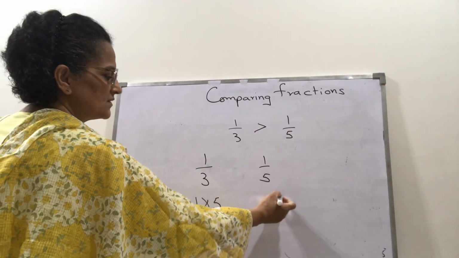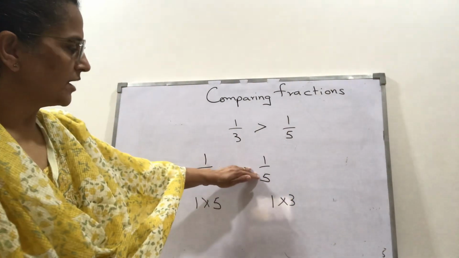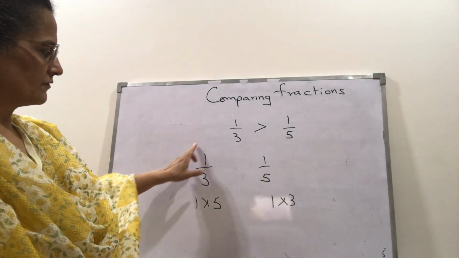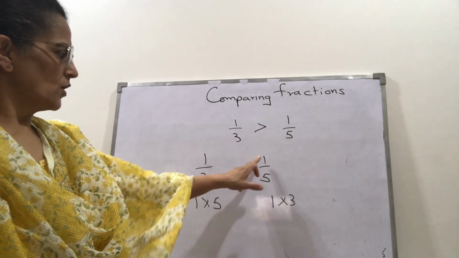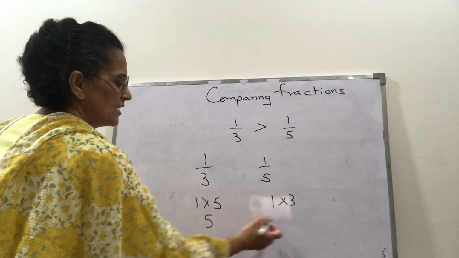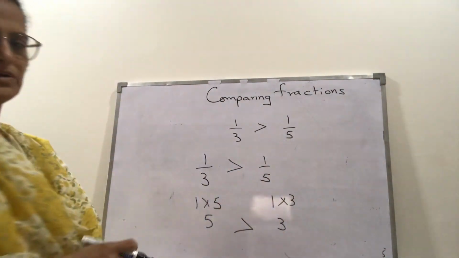Then you write this and you multiply with 3. So we are multiplying, making a cross, starting with first numerator, 1 multiplied with 5, 1 multiplied with 3. I get 5 and 3. 5 is greater, so same symbol goes here.